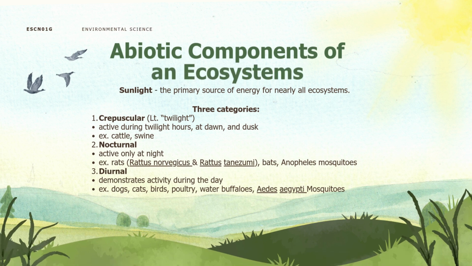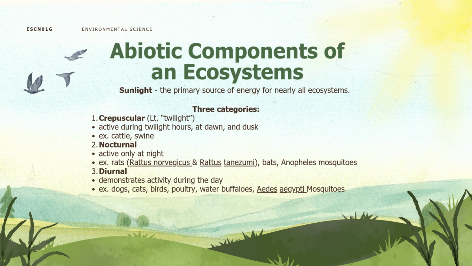So if plants are actually affected by sunlight, how about animals? Well, obviously they are also affected by the length of sunlight. Okay? So we'll be having three categories of animals under the influence of sunlight. This dictates their activity. Okay.